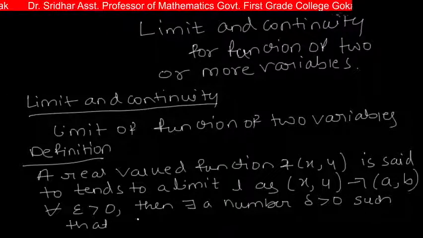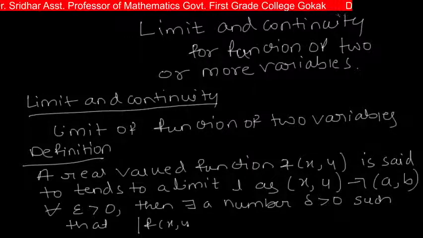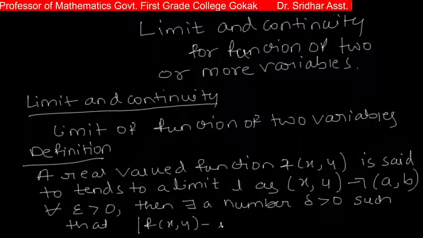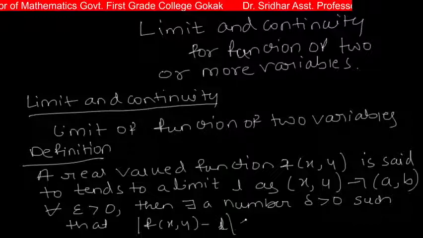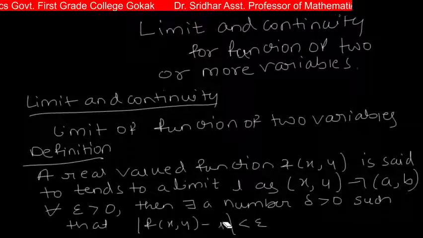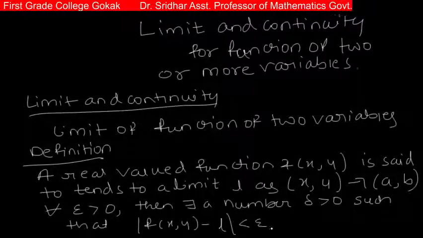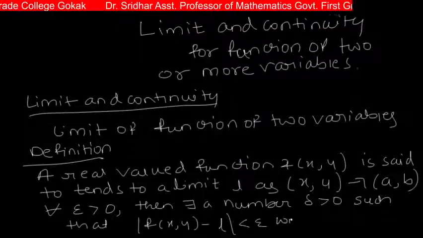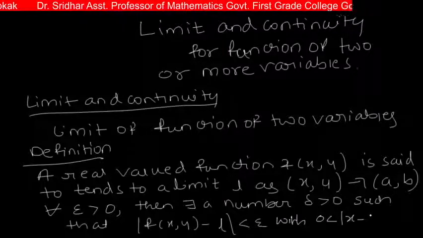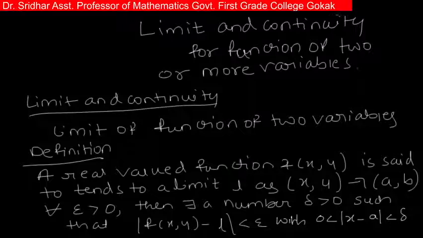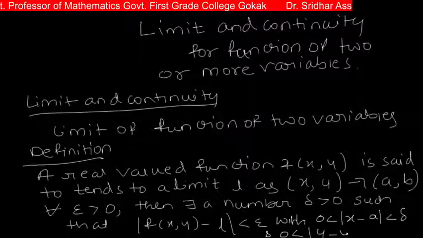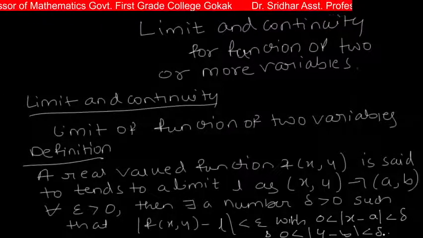the absolute value of f of x, y minus L is less than epsilon, with 0 less than the absolute value of x minus a less than delta, and 0 less than the absolute value of y minus b less than delta.